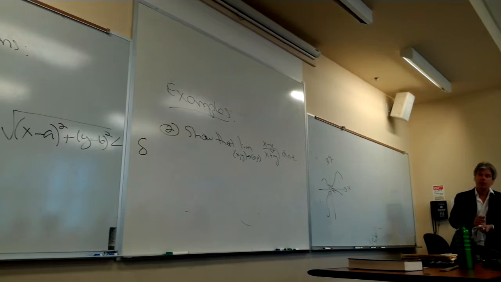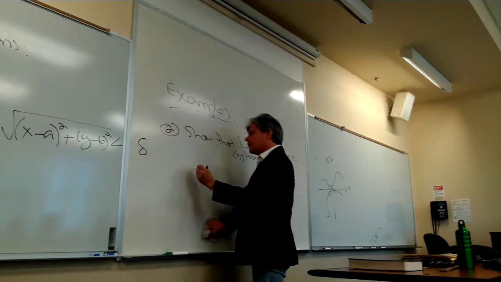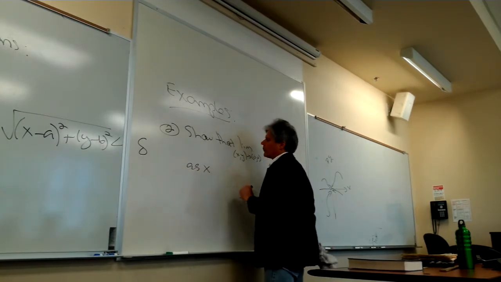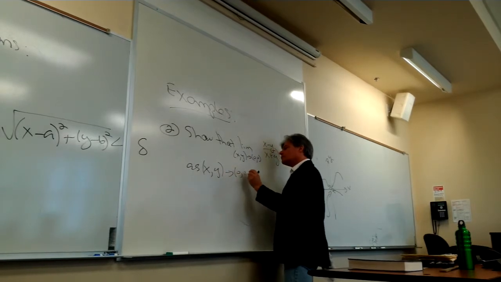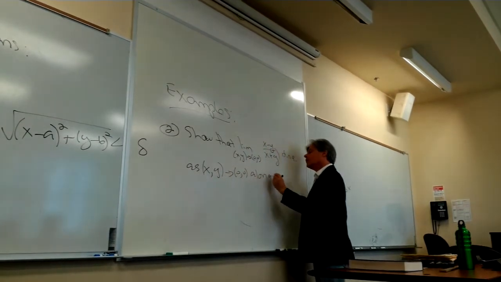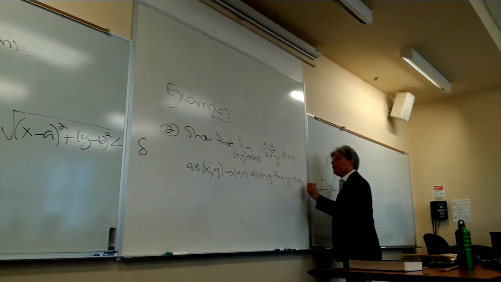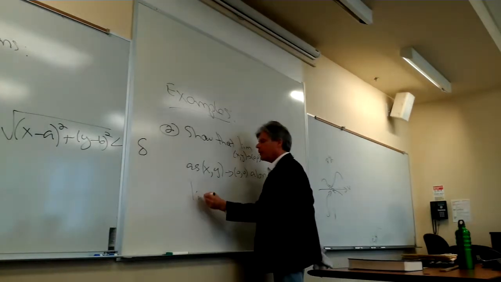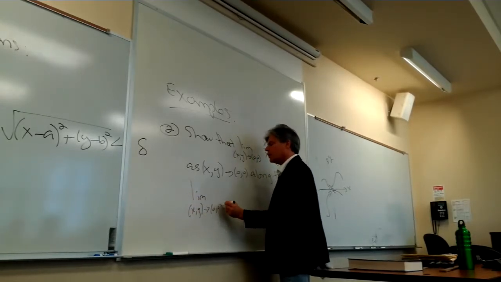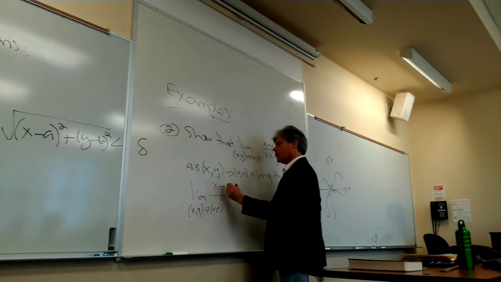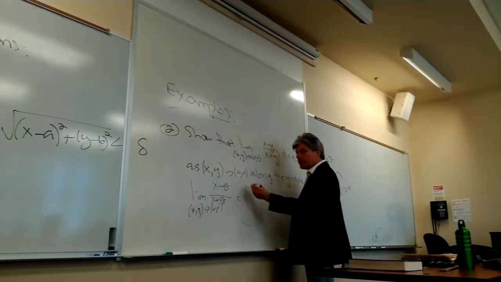So let me show you with this example what I mean. Do you guys agree that as x comma y goes to the origin along the y-axis, then this limit basically becomes this limit?